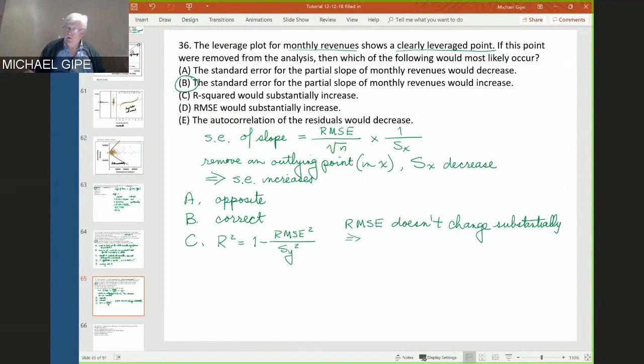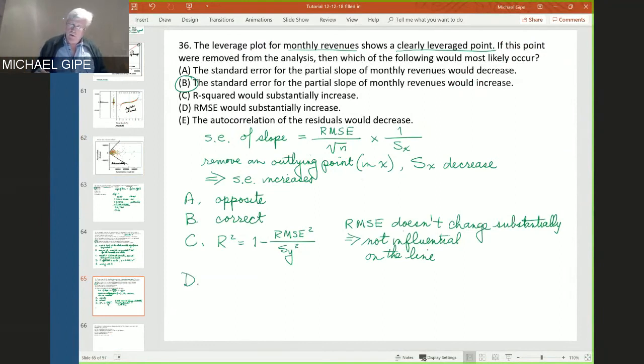Because it's not an influential point. That is, it's not above or below that line. It's on the line. We're pretty close to it. And would expect little change to the model. So it's not going to pull up or down. It's not going to affect the variation of the residuals in the y direction.